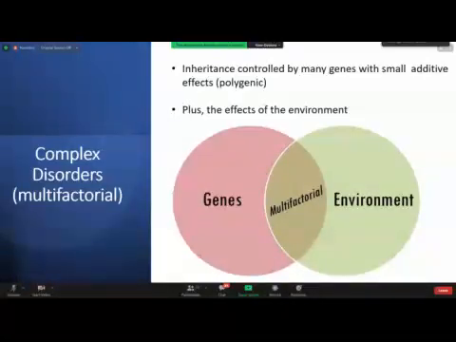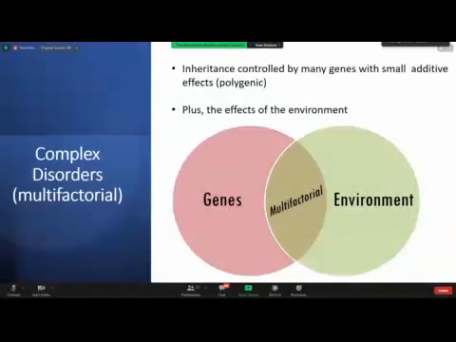It is caused by common variation in multiple genes, and that's called polygenic, because monogenic is because of a single gene, while polygenic is mutation in different genes plus environmental factors. That's why they are called multifactorial as well.